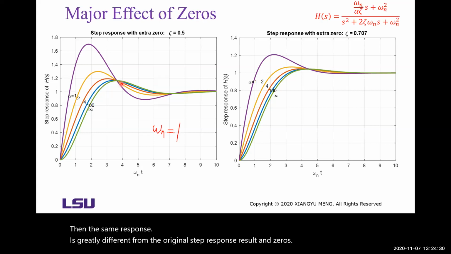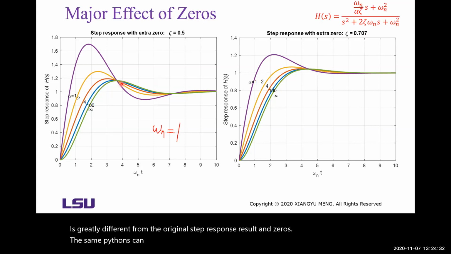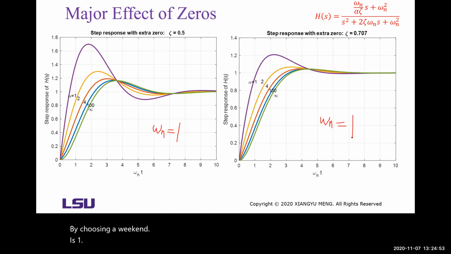The same patterns can be seen when beta is 0.707. Here, we also normalize the undamped natural frequency by choosing omega n is 1. We see the green curve is the step response of a standard second order system without any zeros.